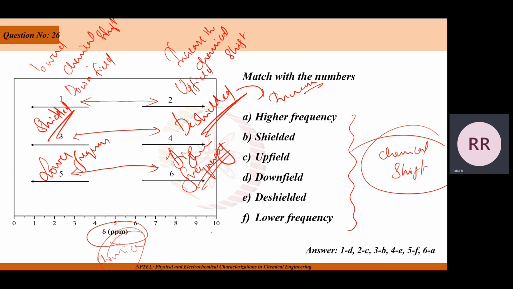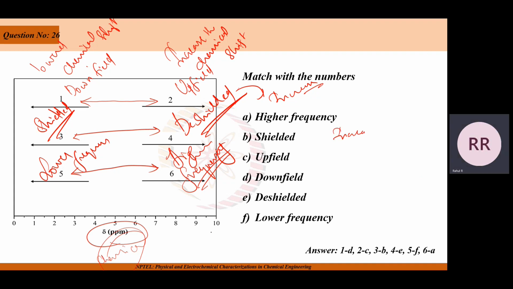When we are considering this, we have two sets of things: ones that increase the chemical shift, and the others that decrease the chemical shift. Upfield increases the chemical shift, whereas downfield decreases the chemical shift.